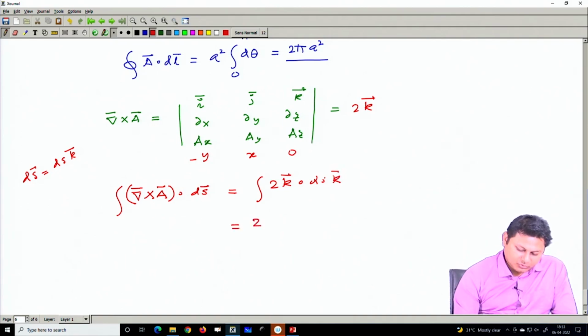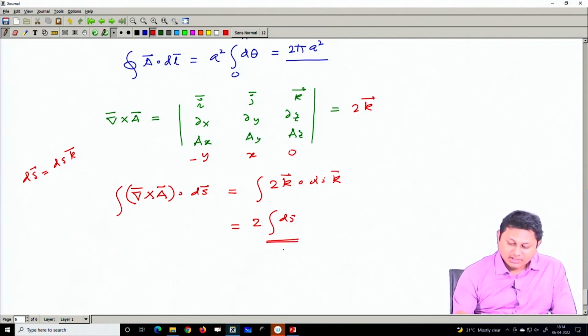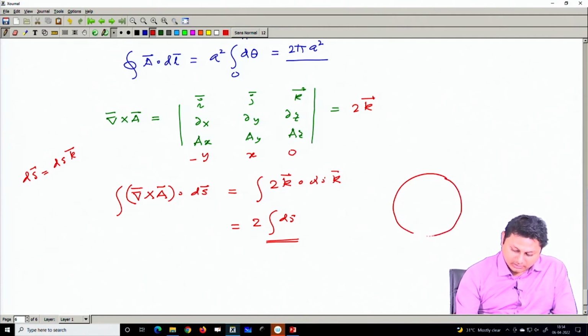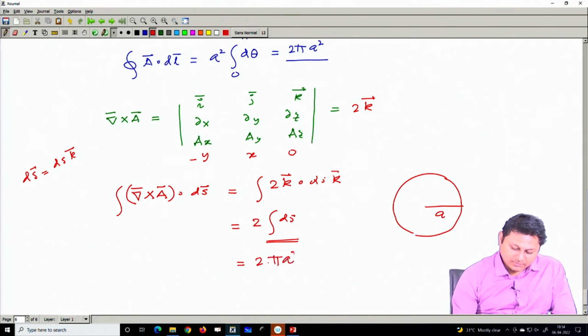Here we have 2 k dot k equals 1, times the integration of ds. Now, ds is the total surface, and if I have a circle of radius a, then the total surface gives me pi a squared. This is the area of the surface.